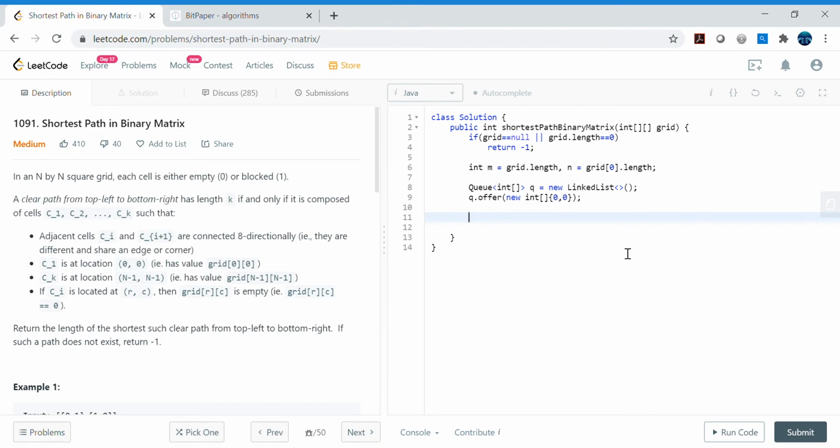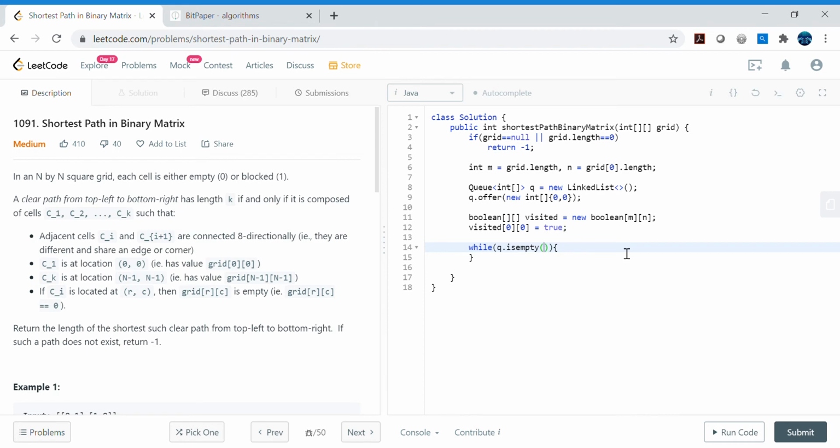and now we can take the visited as well. So boolean visited array, new boolean [m][n], and visited[0][0] is true. Okay, and now we can apply our BFS template here.